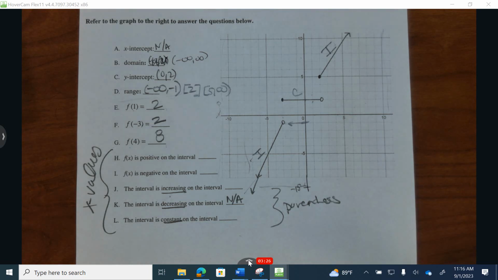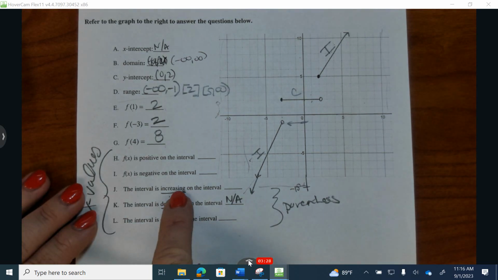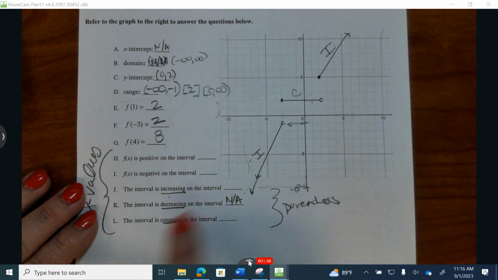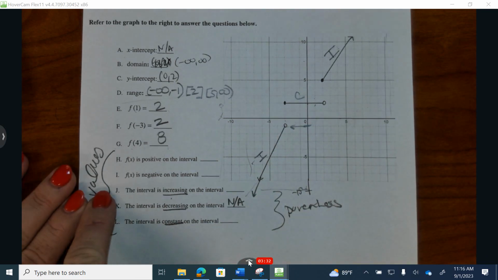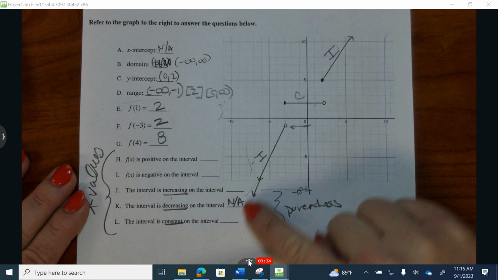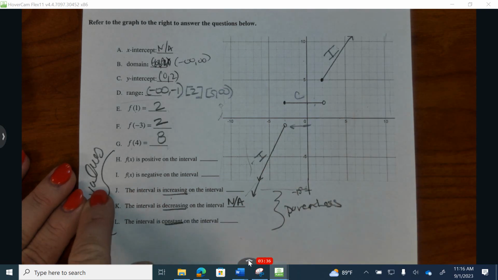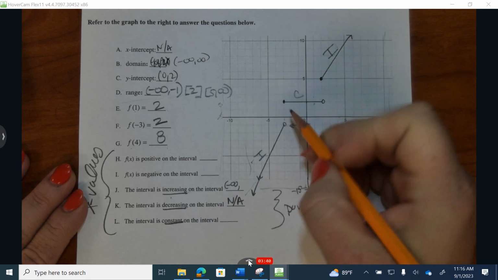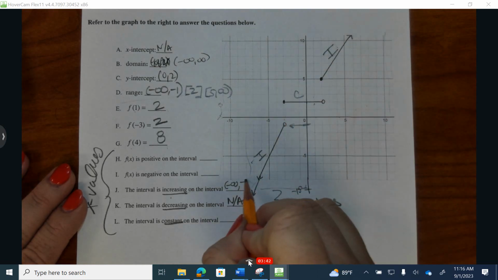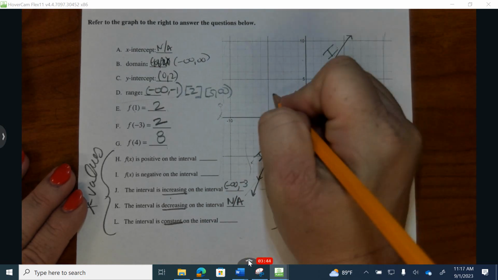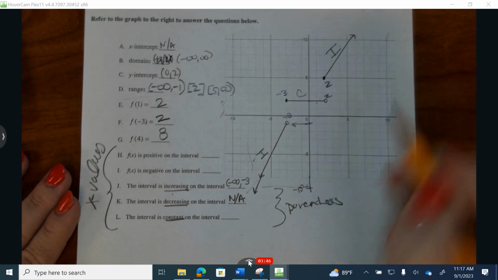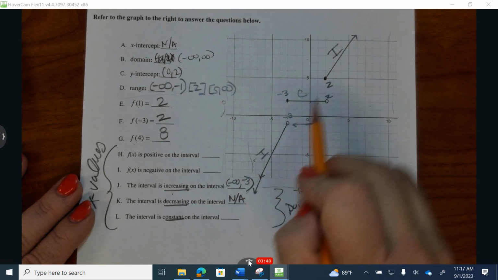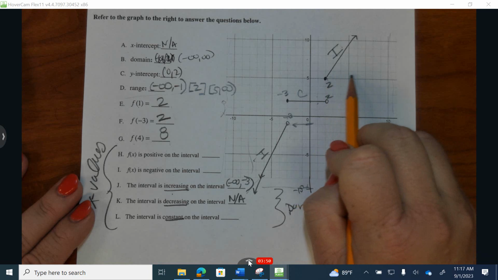Okay, I'm going to slow it down. How do we describe increasing? So for this portion, in terms of x values, it comes from left to right. This entire part is increasing from left to right. So from left all the way to an x value of negative 3, it is increasing. Then it's increasing from 2 all the way to the right.